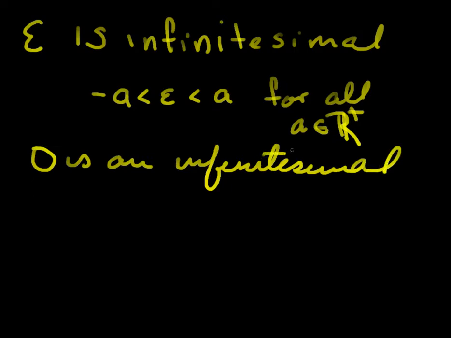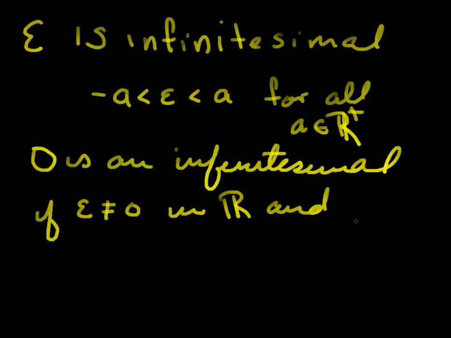Now, in the real numbers, it's actually the only infinitesimal. Because if I had some other number, let's say epsilon isn't 0 in the reals, we can show that it's not infinitesimal, because if epsilon is a number, then epsilon divided by 2 is definitely going to be less than epsilon itself.